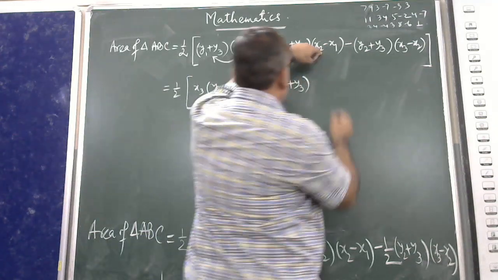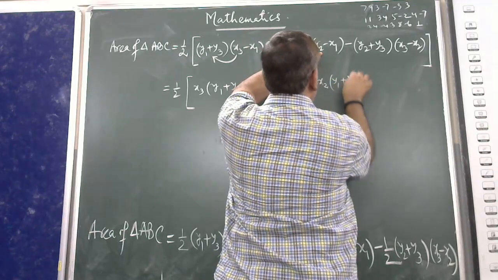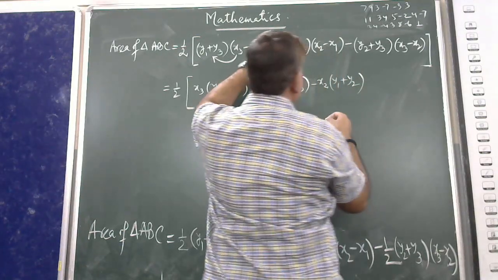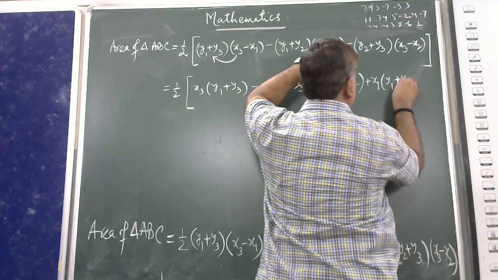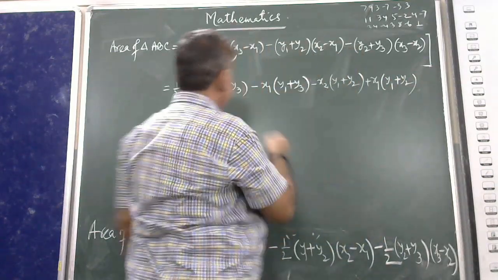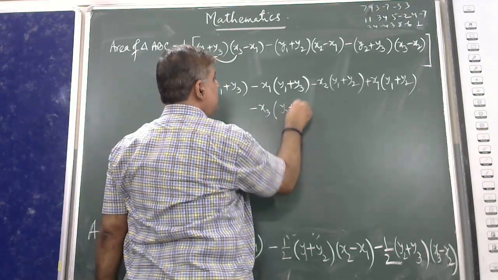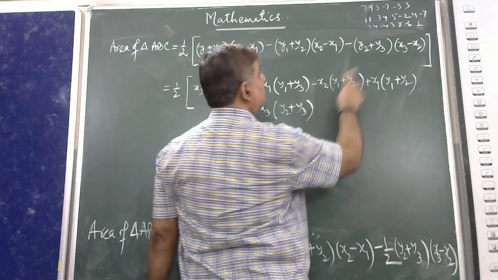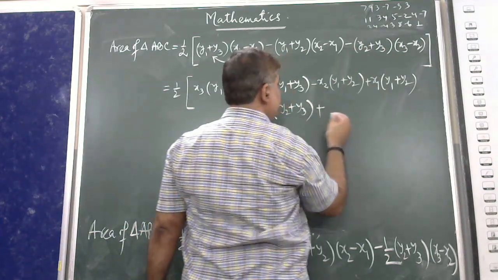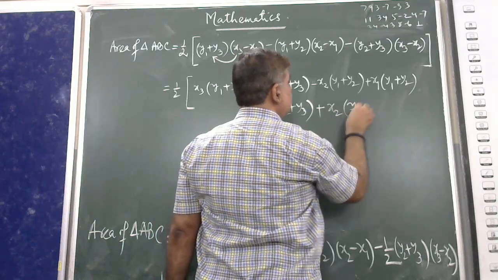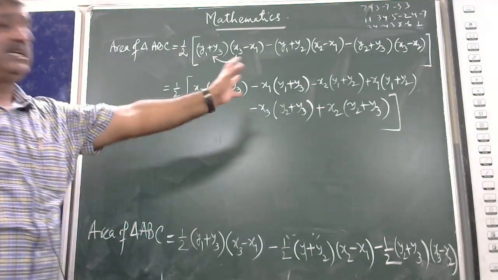Again, here, minus x2 into y1 plus y2. Again, it becomes plus x1 into y1 plus y2. Again, minus x3 into y2 plus y3. Then minus into minus becomes plus x2 into y2 plus y3. So this result you will get after multiplication.